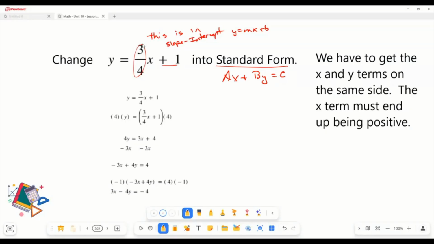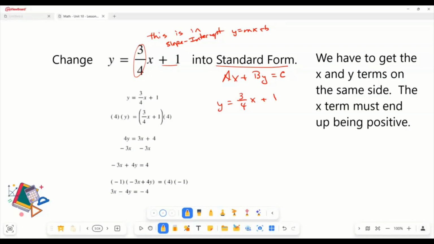So that means I've got to get the x term on the other side and get rid of any fractions. I've got it worked out here, but I'm going to do it again and talk about the steps. So the two things that are wrong here are that the x and y are not on the same side, and there's a fraction. Well, I'm going to get rid of the fraction first.